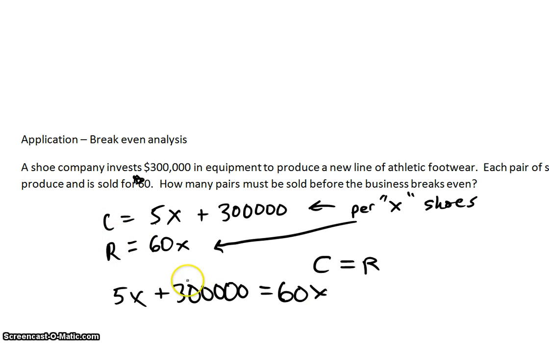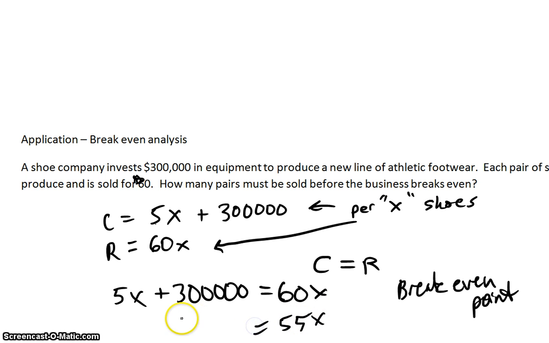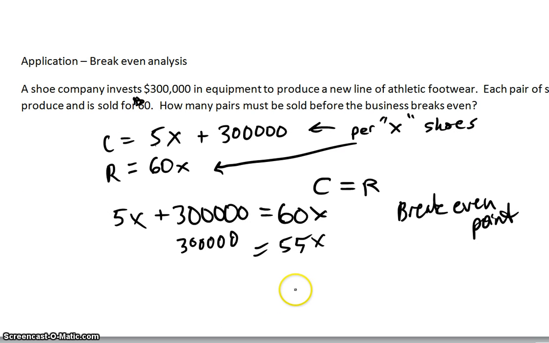These are two equations. You set them equal to each other, and this is your break-even point. So you solve it, you get 55x equals 300,000, and then you divide 300,000 by 55, and you get your answer.